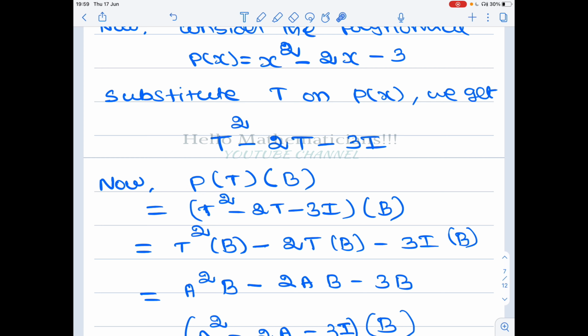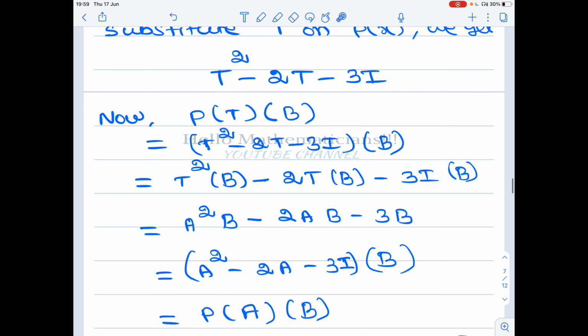We have calculated p of T: it is T square minus 2T minus 3I, applied to B. All these things are linear transformations, and in the set of all linear transformations, plus and minus are defined like this. So you can split it into T square of B minus 2 times T of B minus 3 times I of B. I have taken B individually.